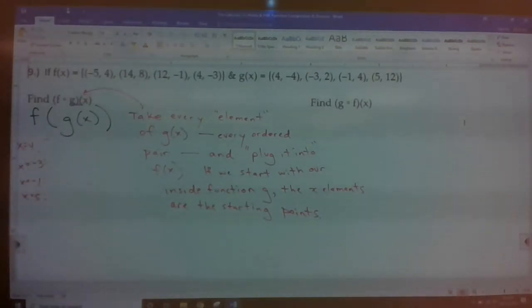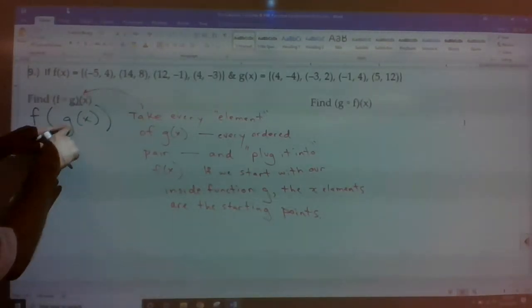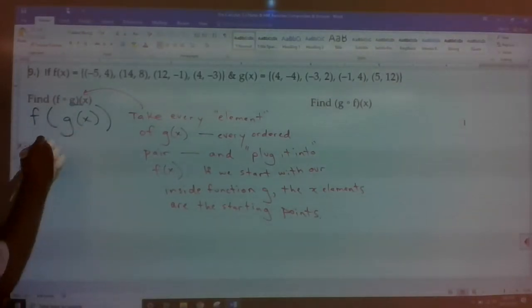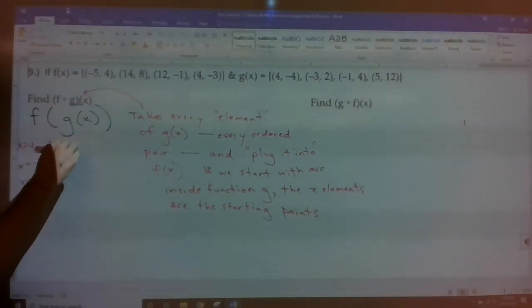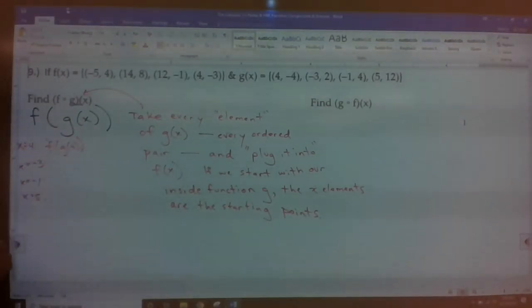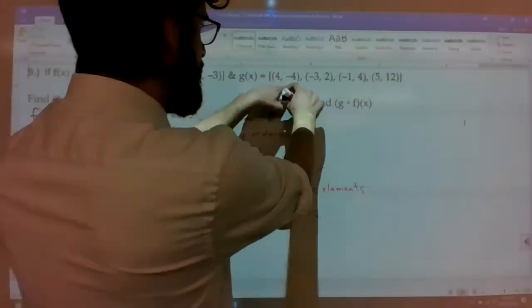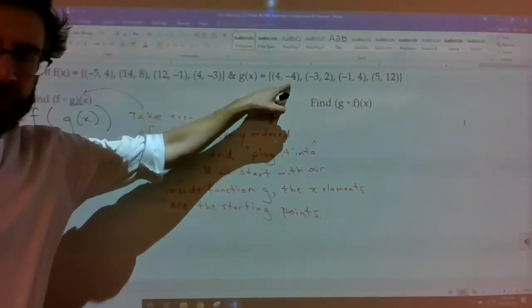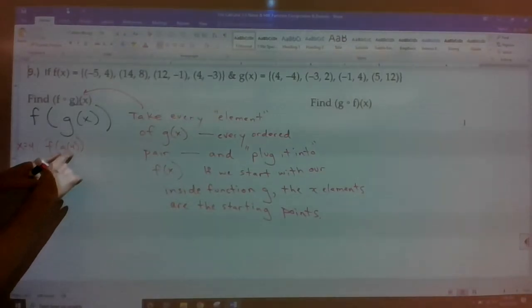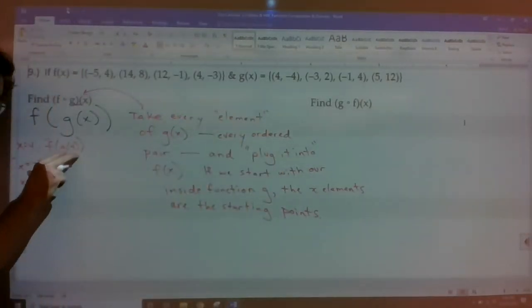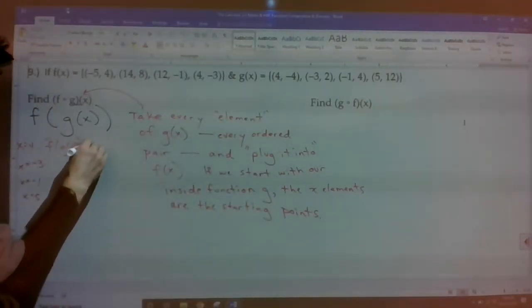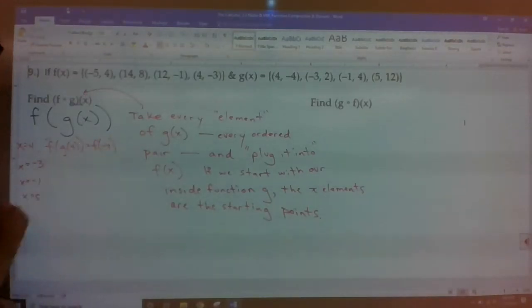Well, here's what's going on. When I plug in x equals 4, I get -4. G of 4 equals -4. So I can do a complete replacement of g of 4 with -4.